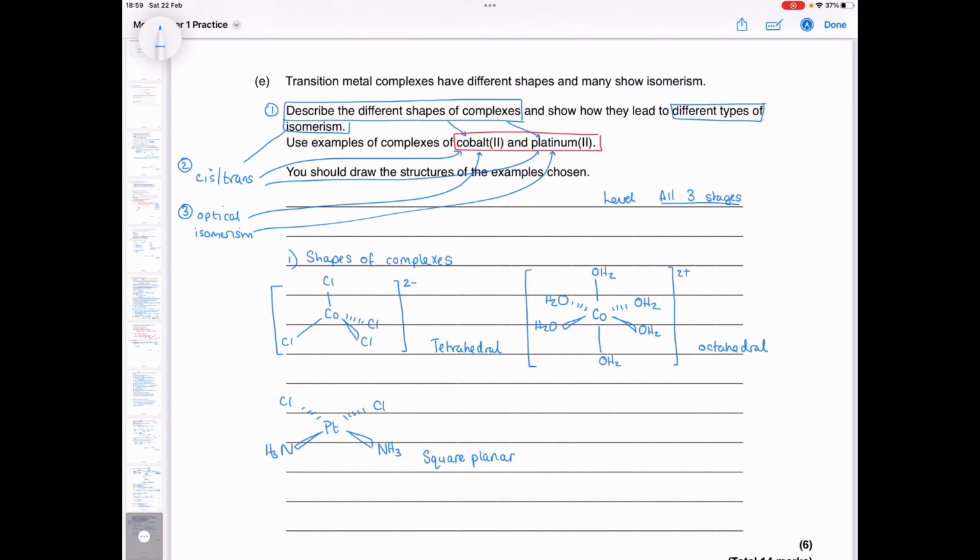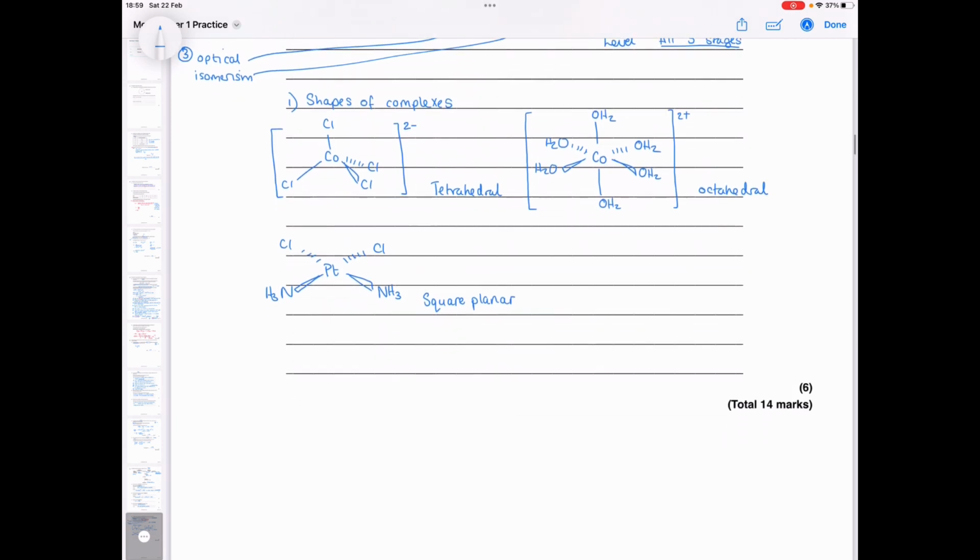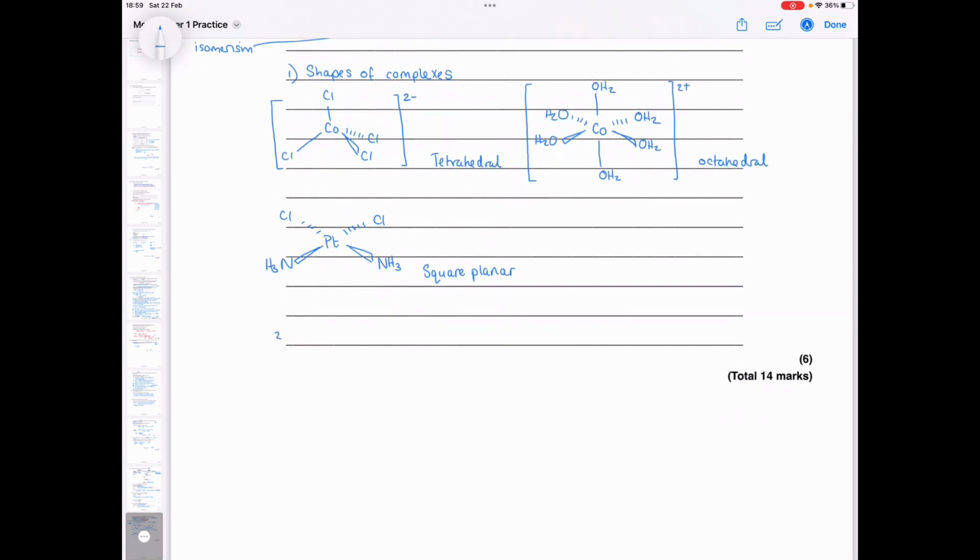But we're not going to include that because we've not been told to look at different types of central transition metal ions other than cobalt and platinum. So we've got the shapes, and now the next part is cis-trans isomerism.